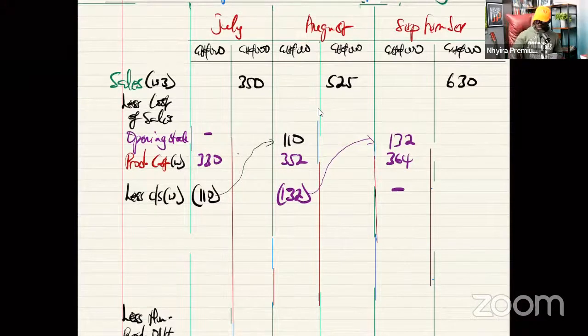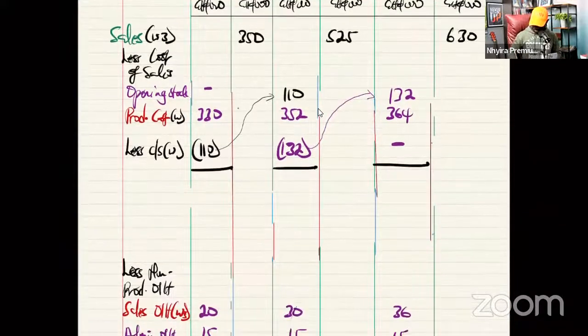So now we can get our cost of sales. So our cost of sales will now be 330 minus 110, and that is 220.